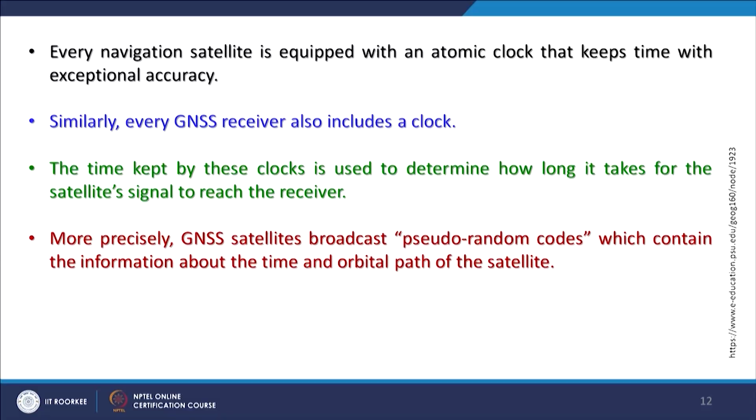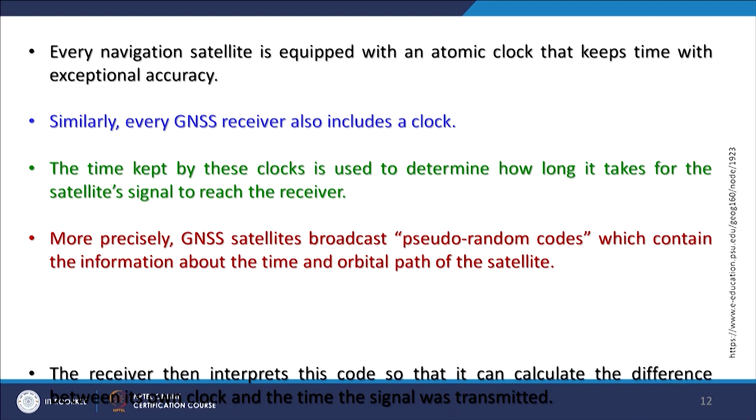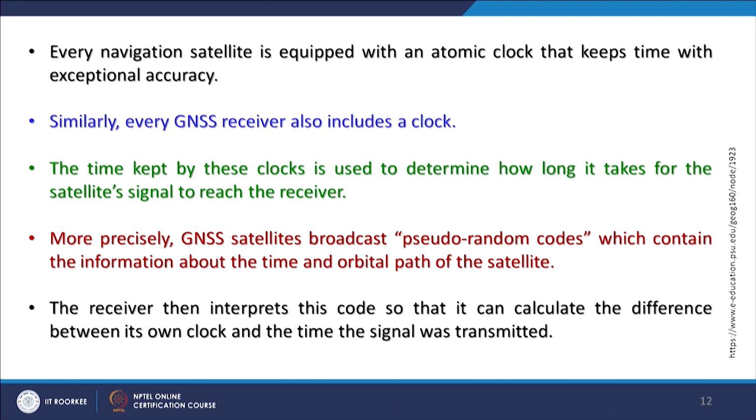So GNSS satellites basically broadcast pseudo random codes which contain information about the time and orbital path of the satellite. We have seen how much data is carried with each pulse of a signal which is coming every second, and the receiver then interprets this code so that it can calculate the difference between its own clock and the time the signal was transmitted.